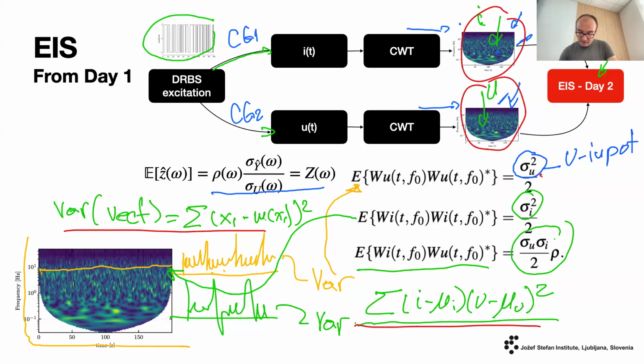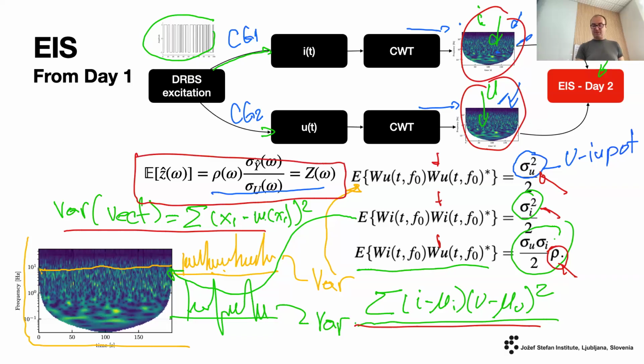So I now have all these values, and I'm interested in rho. And I can easily calculate it now because I have three equations with three unknowns. These values I got. And I can just swap them in, and I'm getting the result for my impedance flat out. That is how it is done.